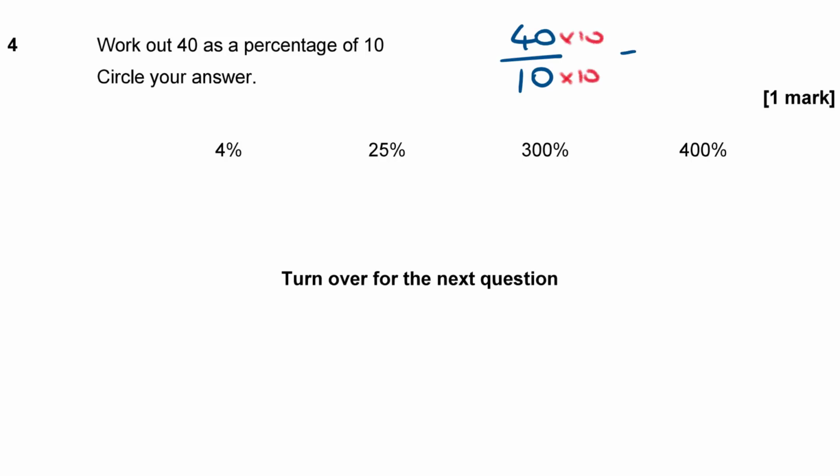But if I do that to the denominator, I have to do it to the numerator as well. So my 40 over 10 is the same as the fraction of 400 over 100. And any fraction over 100 is the same as that as a percentage, isn't it? So that is 400%. It's going to be that one there.